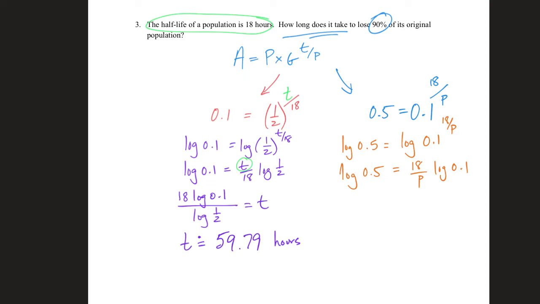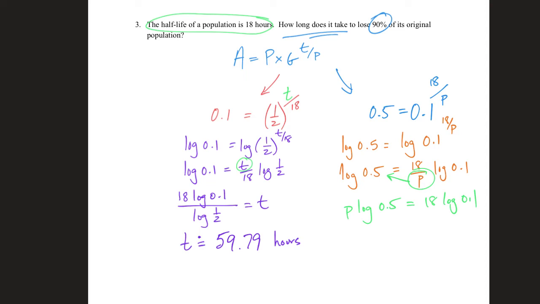You might notice that something's a little different in this case now. When I locate my variable, it's in the denominator here. So for me to solve for p, I have to get it off the denominator, which means I need to multiply it out. Now, I'm just going to put this line in green, because a lot of you are going to be able to skip that line. That is, we can see multiplying out the p, but then we notice that the p is not going to be isolated there because we're going to have a times log 0.5.